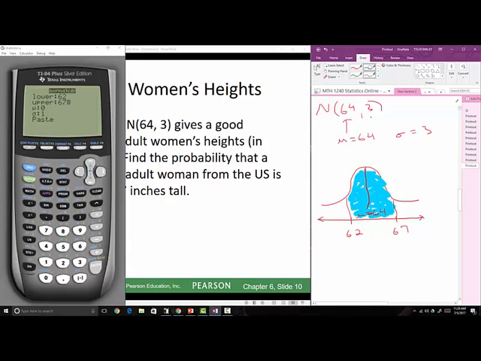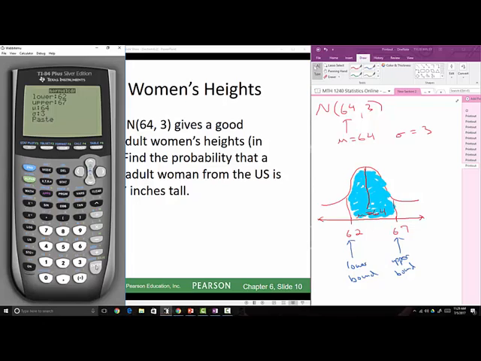This is the lower bound for my area, and this is the upper bound. That's what contains this area. Then my mean is 64, and my standard deviation is 3.